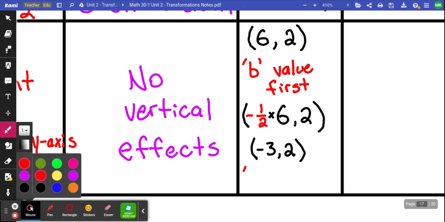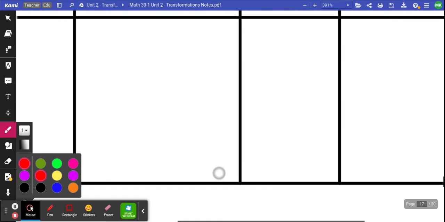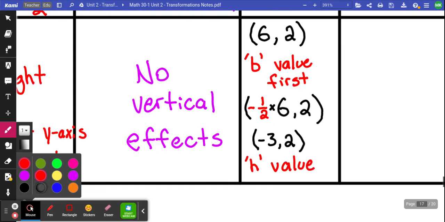Then you do H value. My H value was 4. So it's now -3 plus 4, comma 2.